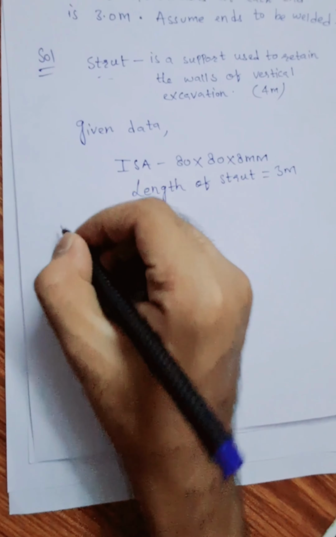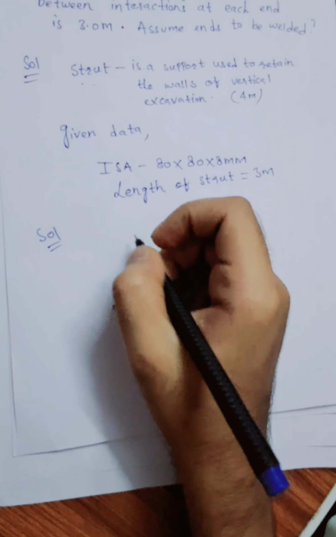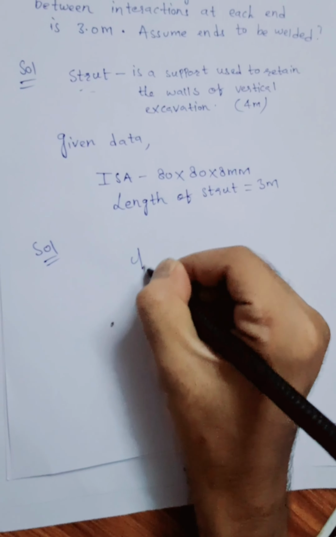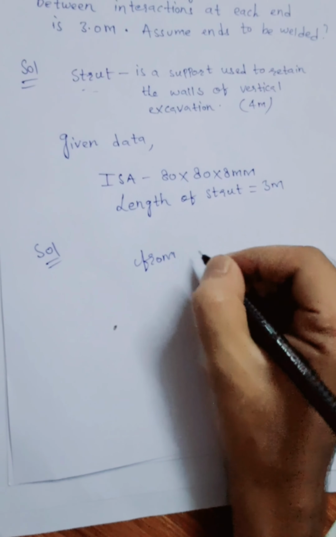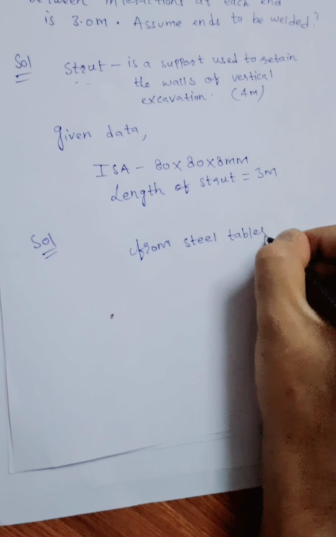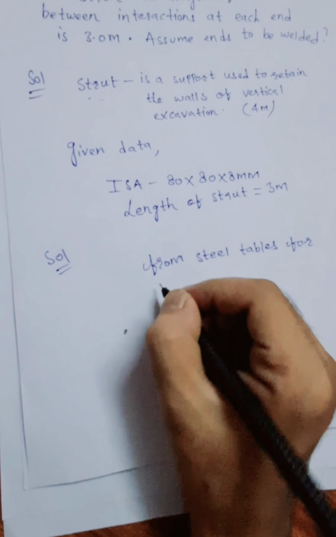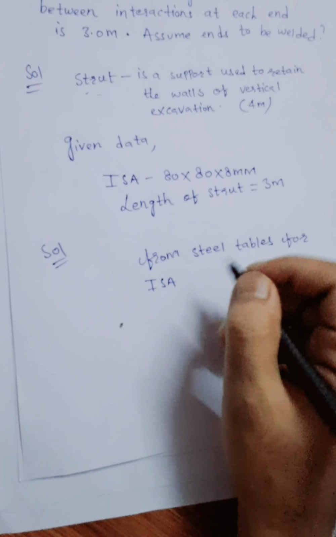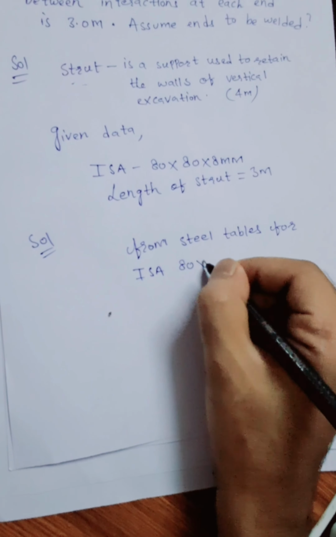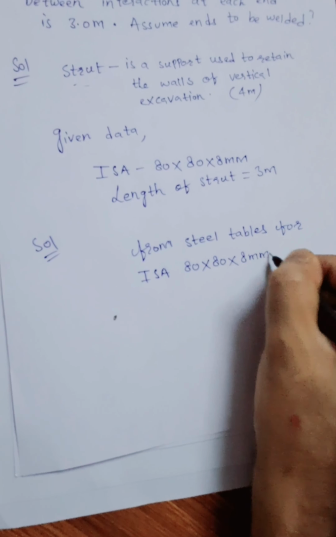Now the solution. Let's write the solution. So first always write like this in your examination: from steel tables for ISA 80 by 80 by 8 mm.